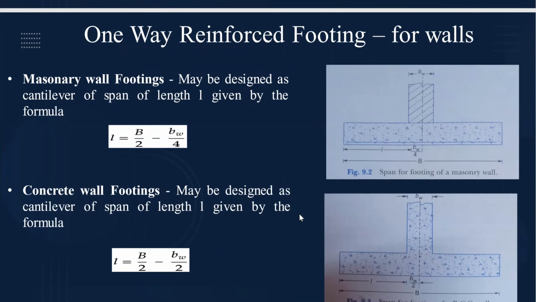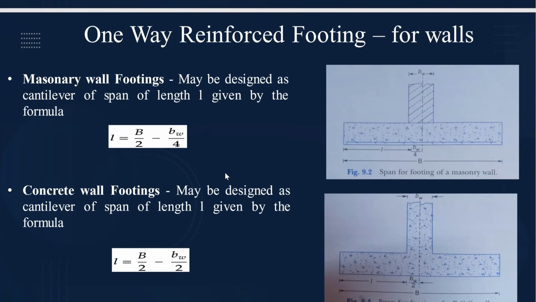If it is a masonry wall footing, then it may be designed as a cantilever of span having a length L equals B by 2 minus BW by 4. Now, what is B? Capital B is the entire width of the footing and BW is nothing but the width of the column.